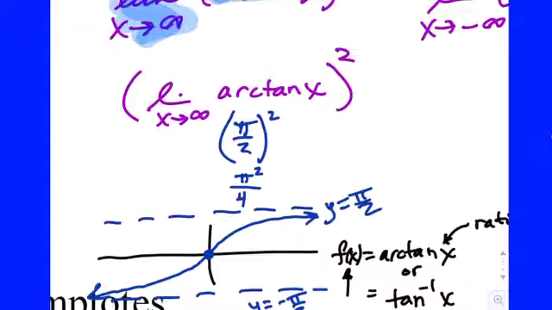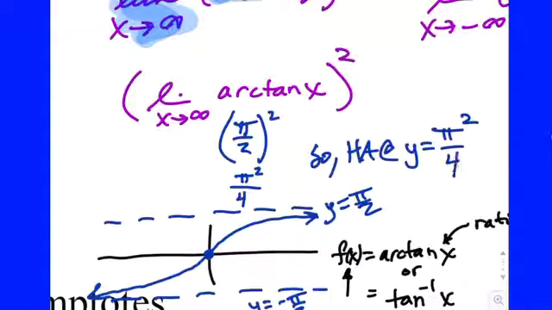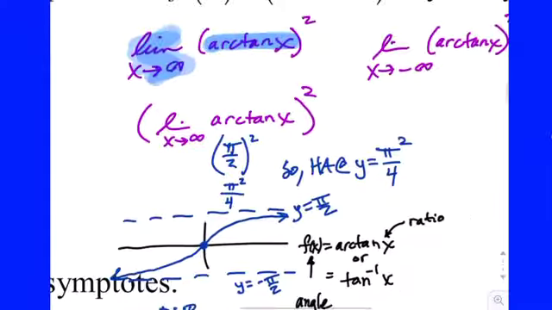I don't know what the graph of arctangent of x quantity squared looks like, but I know it has a horizontal asymptote where? Based upon this result, there's a horizontal asymptote at y equals pi squared fourths. And I know it at least affects the graph on the right-hand side, because that was the right-hand behavior.